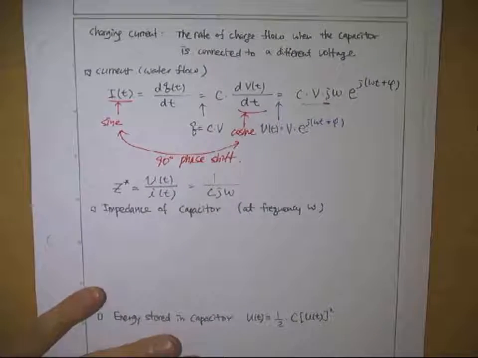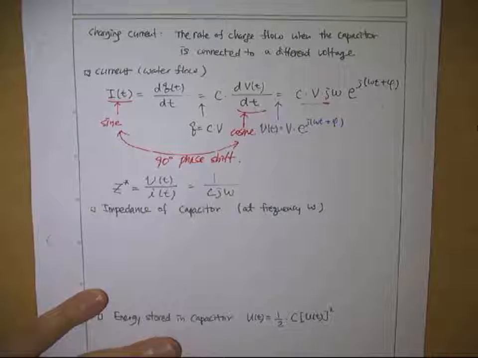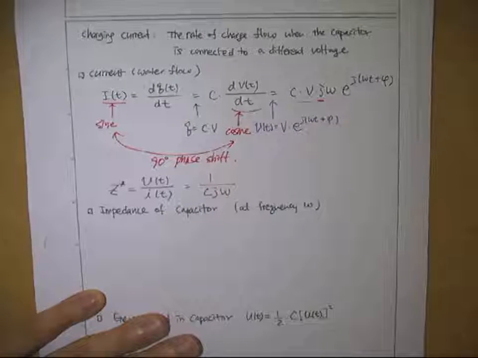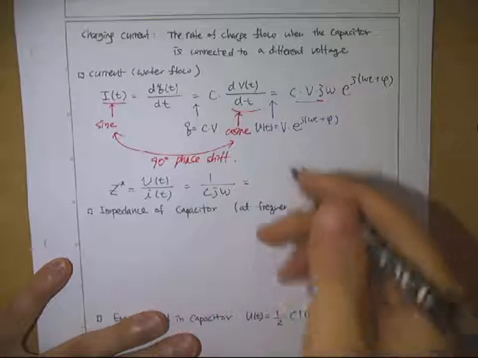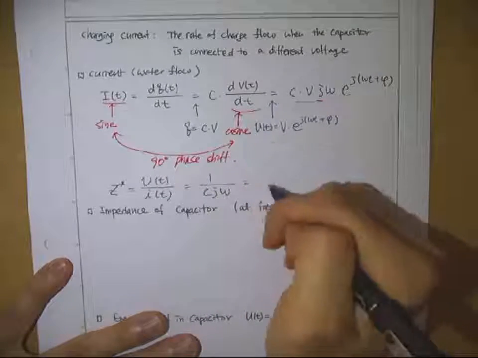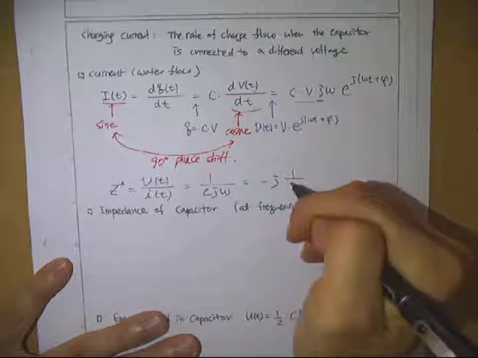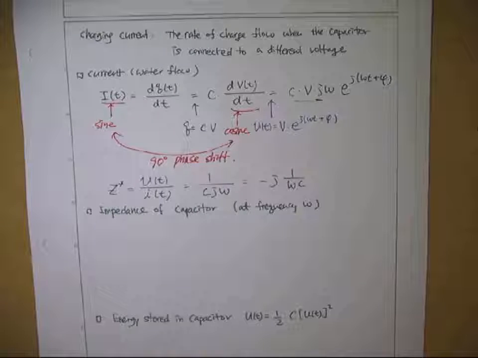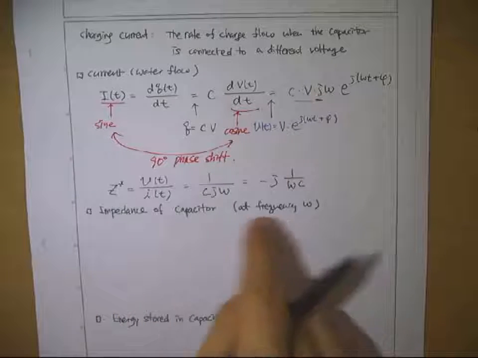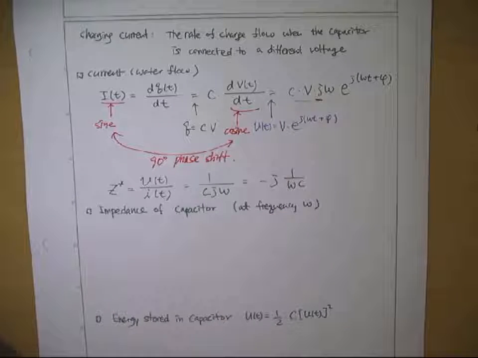From the equation. Then multiply j and j to the top and bottom, and you have minus j over omega C. So this is the complex impedance of the capacitor.